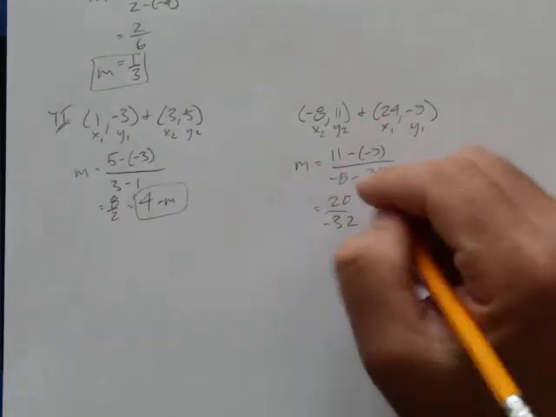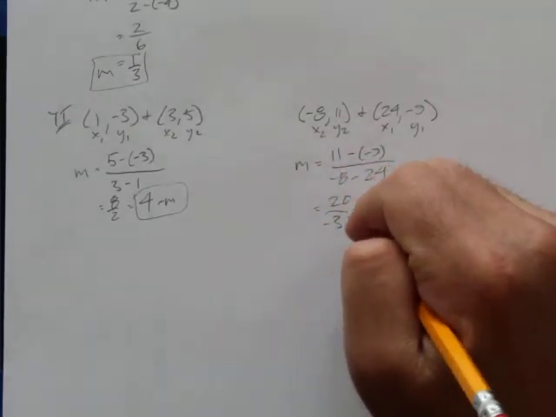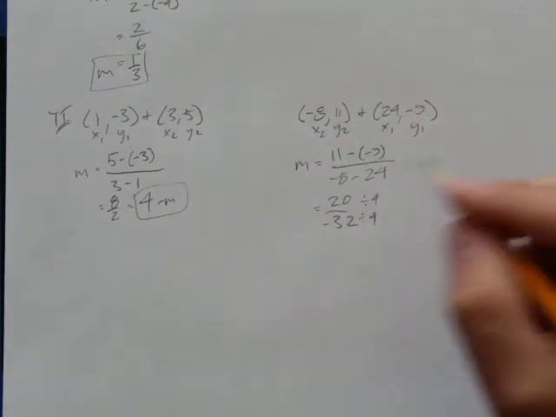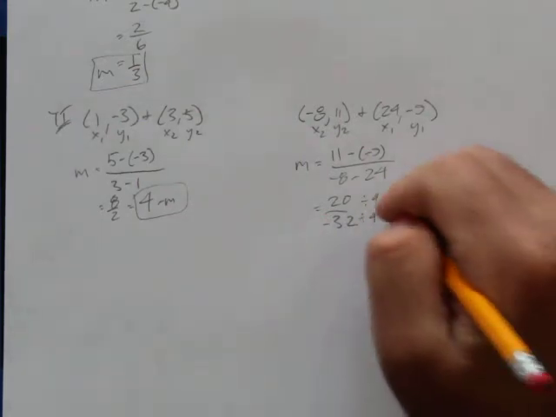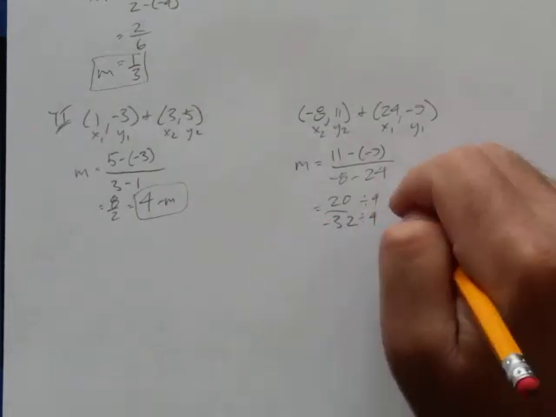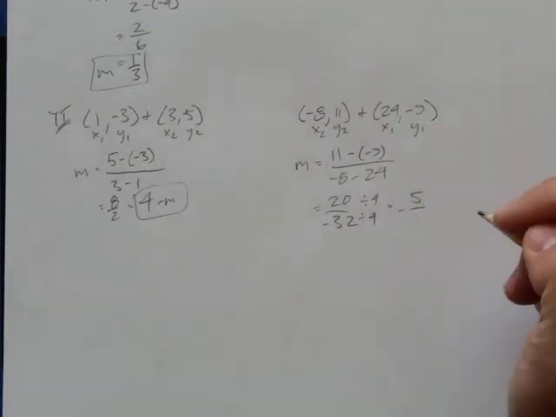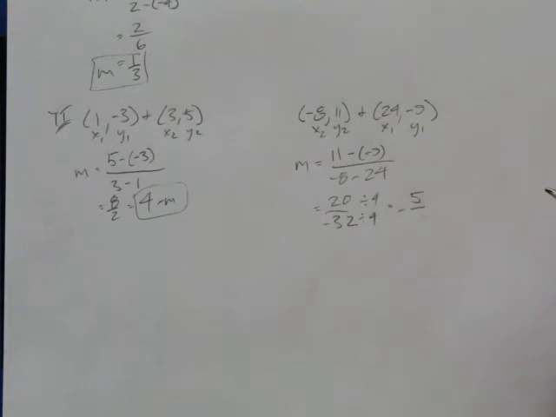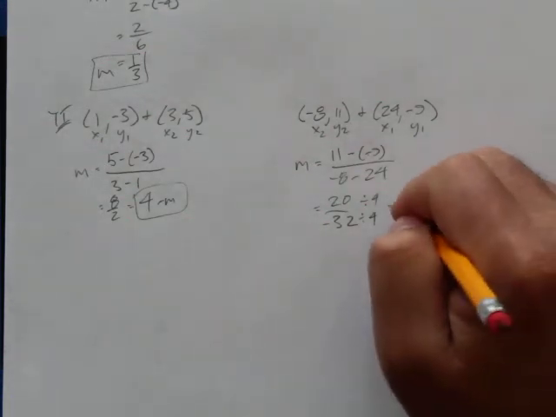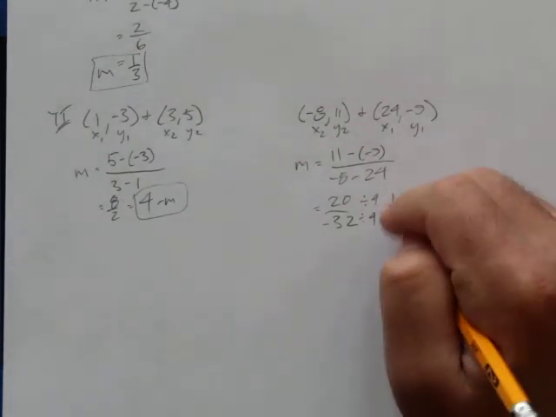Now I'm going to reduce this fraction or simplify it, divide each of these by 4. What I do to the bottom, I do to the top. And so I end up with negative 5 over 32 divided by 4 is 8, negative 5/8.